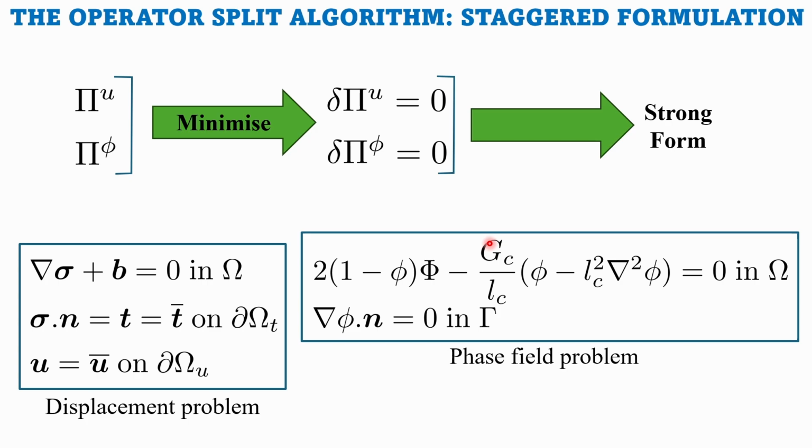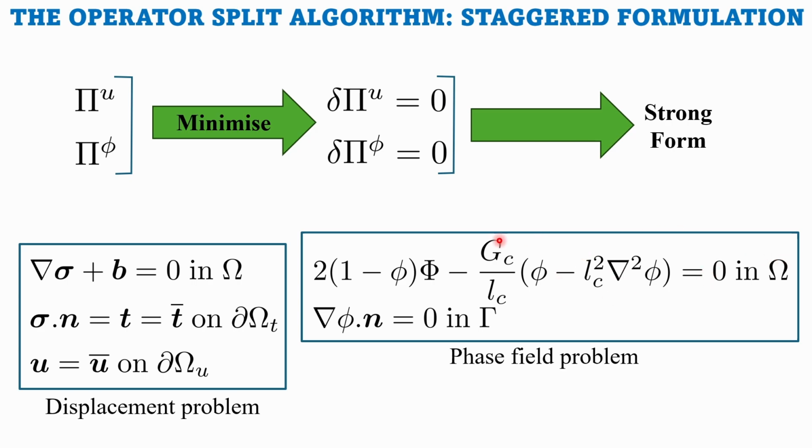Because if you remember from Griffith's formulation, only when G reaches GC does your crack become critical and start propagating. So essentially, something equals GC multiplied by something.